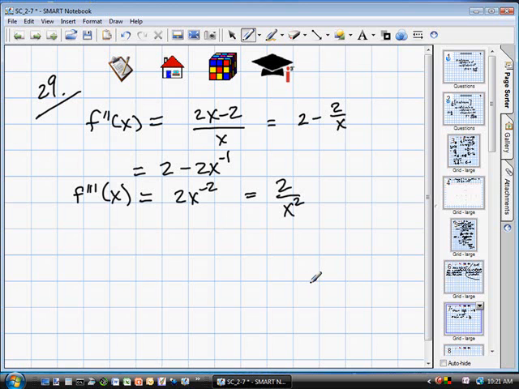Maybe this one I'll do the other way too. Let's just do the quotient rule this time. Okay, quotient rule. Denominator times derivative of numerator minus numerator times derivative of denominator over denominator squared.